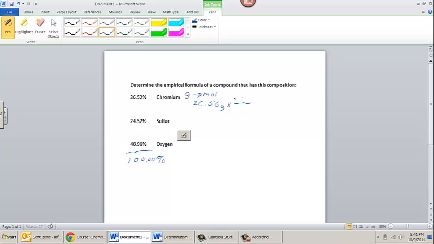So that's going to be one mole of chromium is equal to exactly 52 grams, 52.00 grams, looking at your periodic table. And when you calculate that out, you'll get 0.510 moles of chromium.